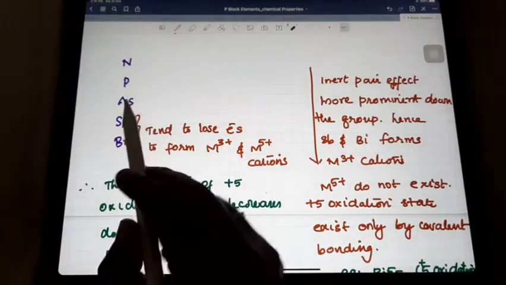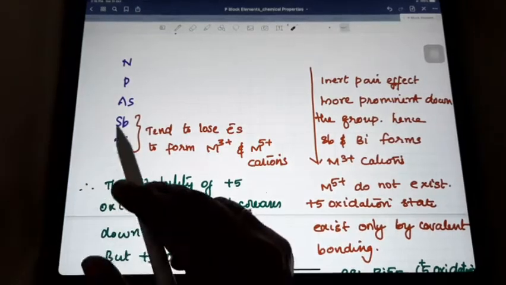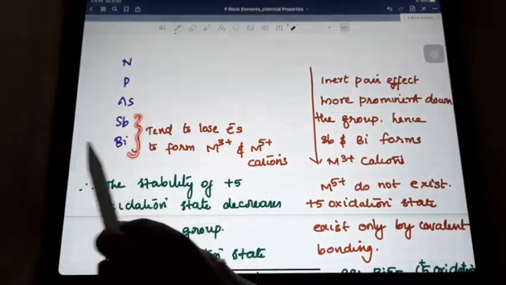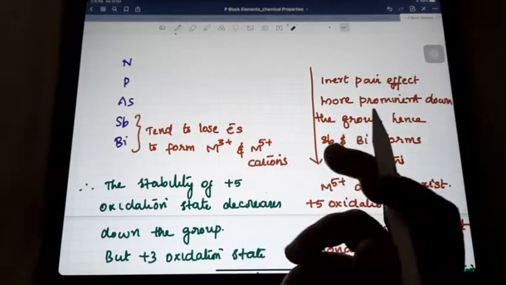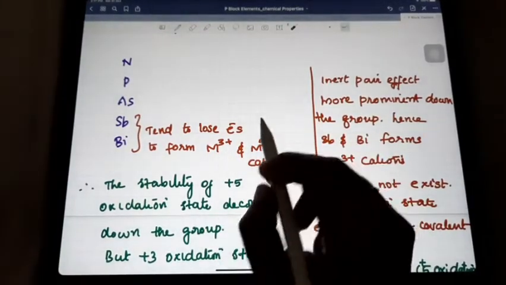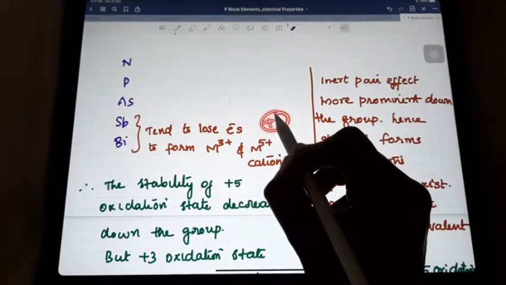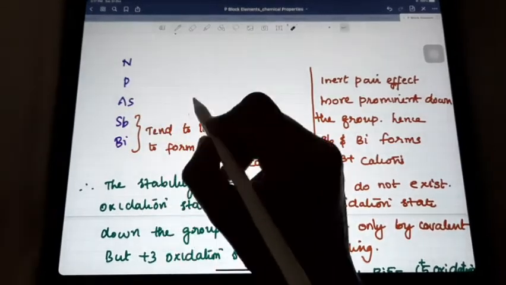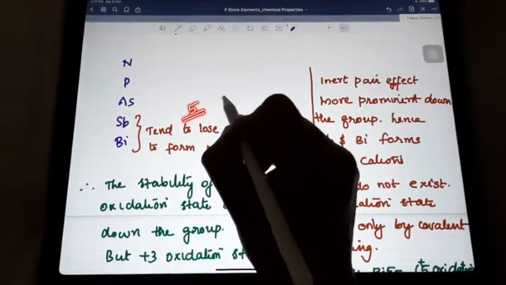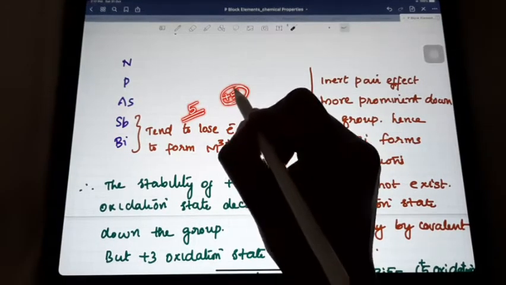Then for these 3 members, which oxidation state is favorable? In the case of antimony and bismuth, they tend to lose electrons instead of accepting. When there is a losing of electrons, there is a plus charge for that oxidation state. They have 5 valence electrons, so for attaining the octet, 5 electrons would have to be lost.